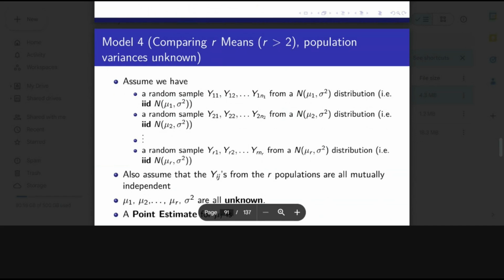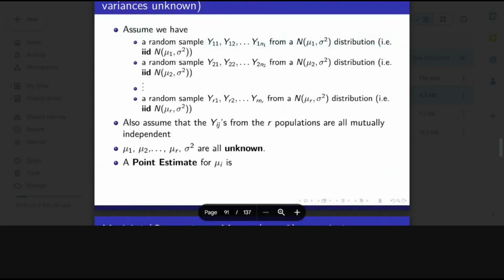If you don't have that, things are impossible to do inference. Previously, when we had two groups, we assumed the sigmas are the same. Now we have R groups, we assume the sigma square are all the same. We also assume that all the y's are independent, the groups are independent, within each group also independent. All the parameters are unknown.